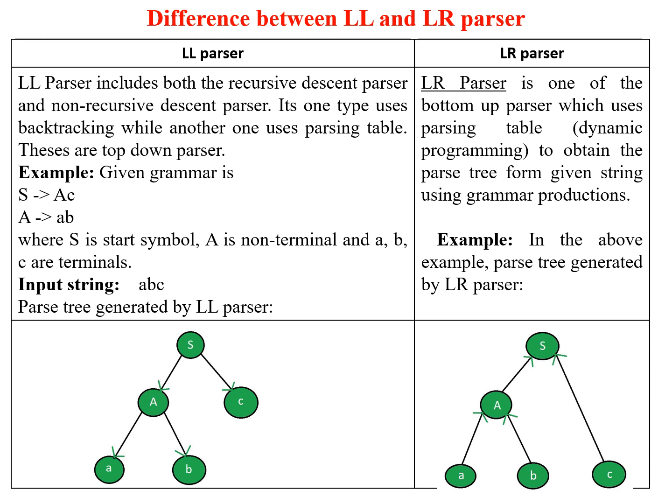Whereas in the LR parsers, the derivation is right to left. So it identifies the input string ABC.